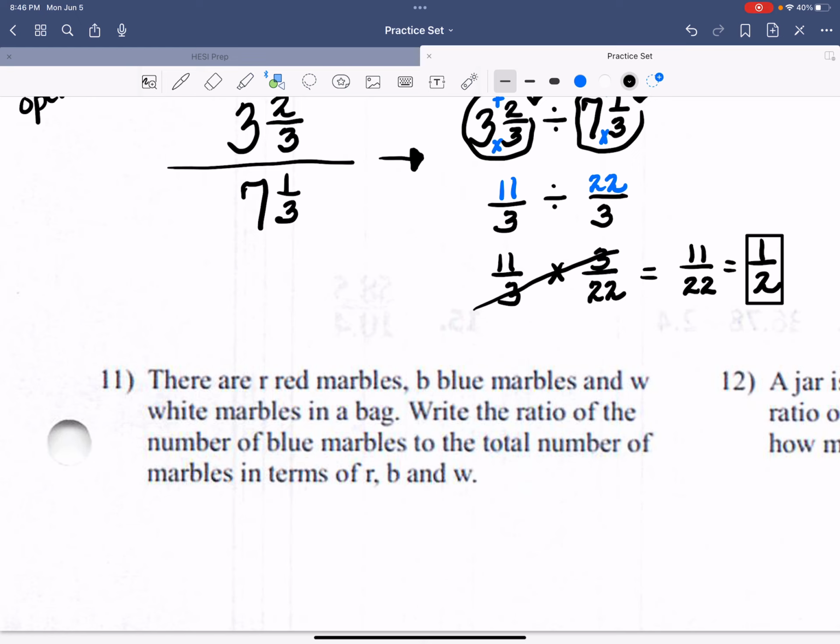Write the ratio of the number of blue marbles to the total number of marbles in terms of R, B, and W. So they're messing with my mind here. They're giving me letters instead of numbers. But that doesn't matter a hill of beans because we know how to do ratios.